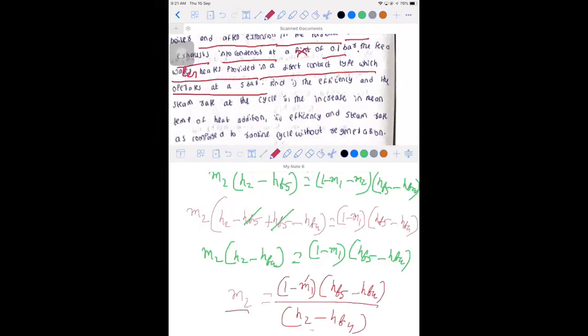Then find the efficiency and the steam rate of the cycle.